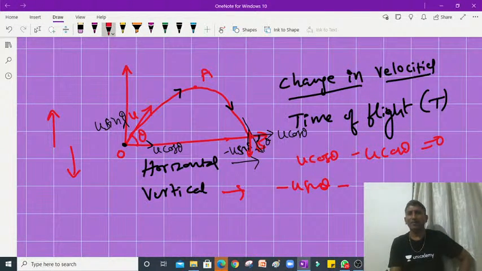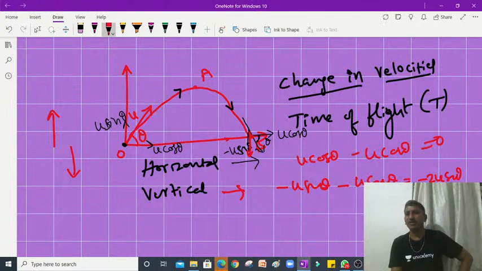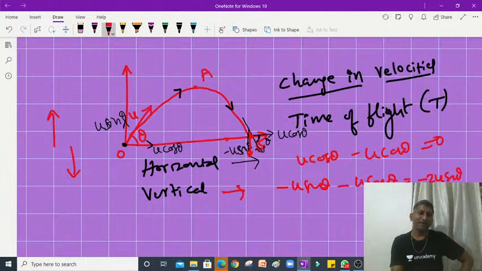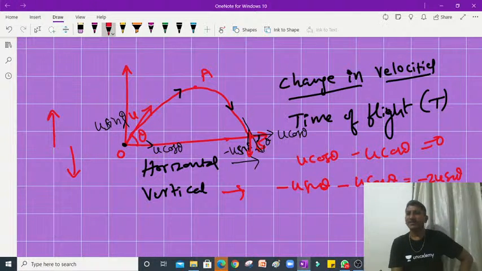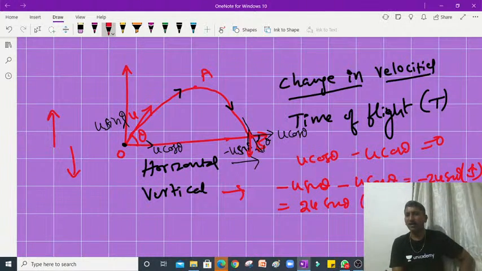Therefore, final minus initial: the final one is minus u sin theta, and the initial velocity about vertical direction is u sin theta. So altogether minus 2u sin theta. If you are asking vectorially, about vertical direction it is j cap, so I can put j cap also. So I can say here it is 2u sin theta minus j cap. Here the magnitude of change in velocity is 2u sin theta.